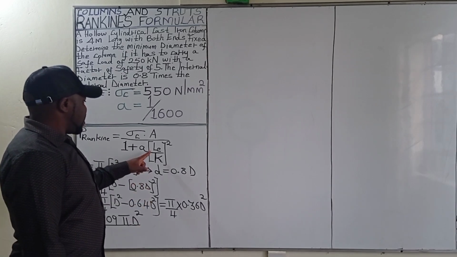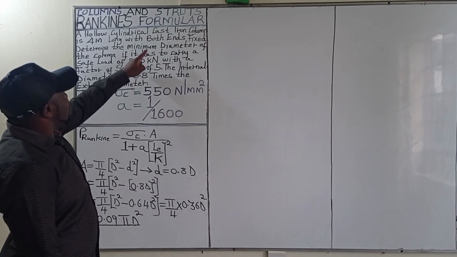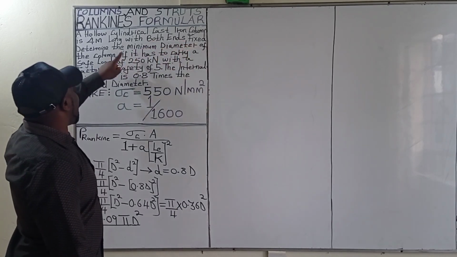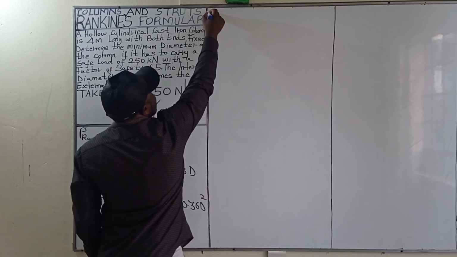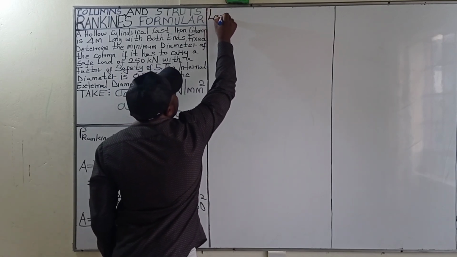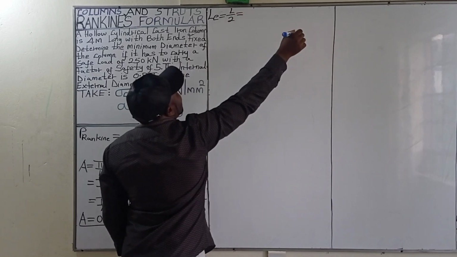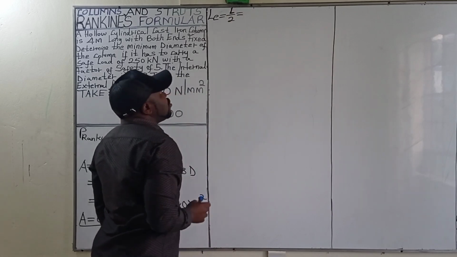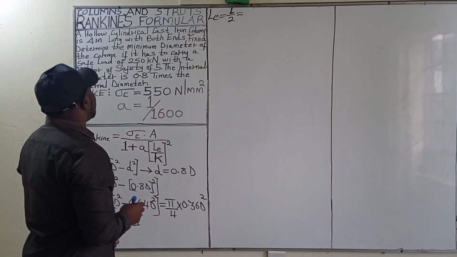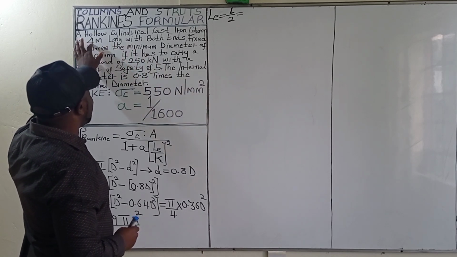The next thing we are going to determine is the effective length. Now we are told that both ends of this column are fixed. So when both ends of a column are fixed, the effective length is given by half of the actual length. The length of this column is 4 meters.